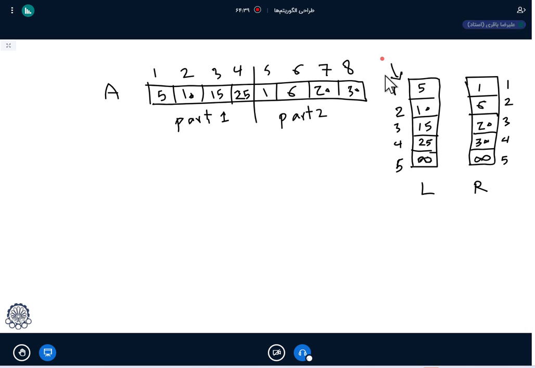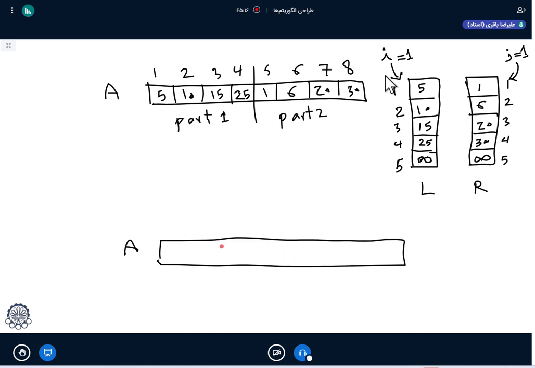We define index I and index j. Index I is 1 at first, index j is 1 at first. Index I is used for indexing into L, and index j is used for indexing into R. Then we are going to sort array A in total, okay?